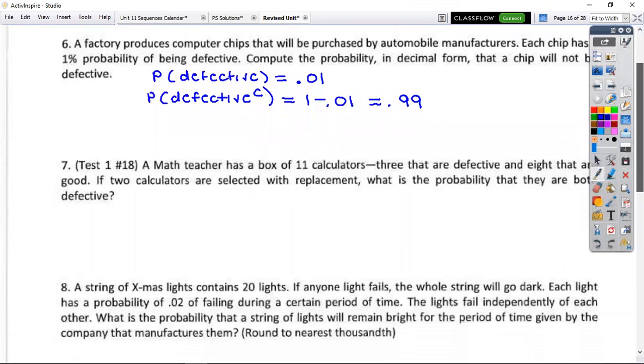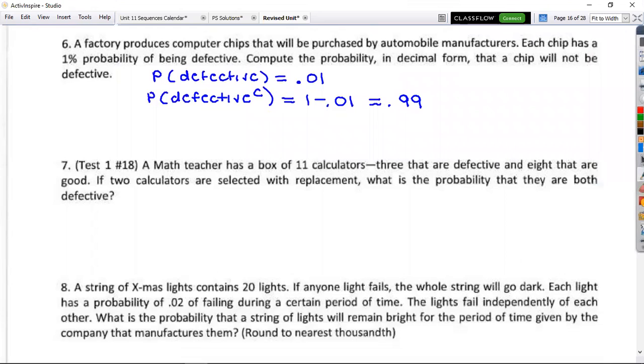All right, so my next. A math teacher has a box of 11 calculators and 3 are defective. So probability of being defective is equal to 3 over 11. If 2 calculators are selected with replacement, then what's the probability they are both defective?